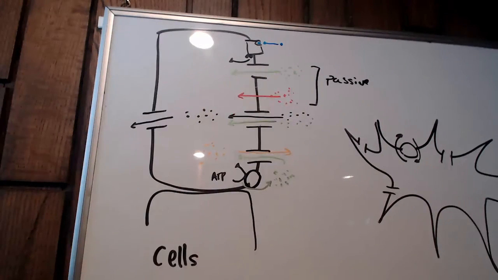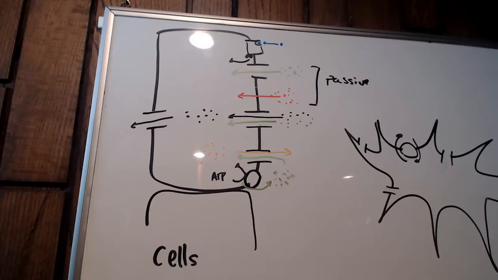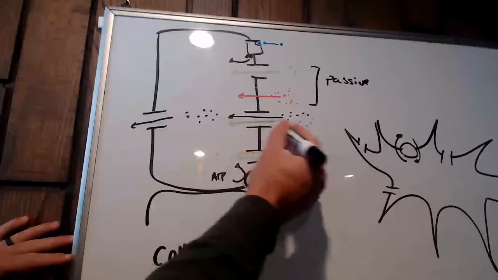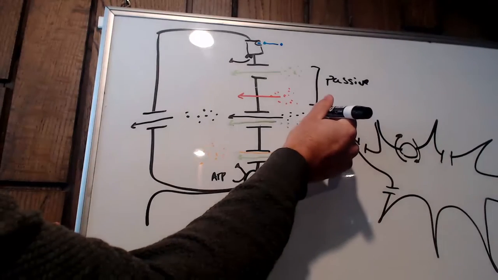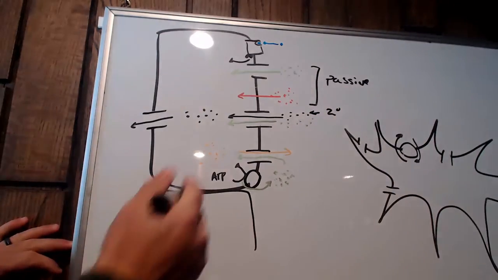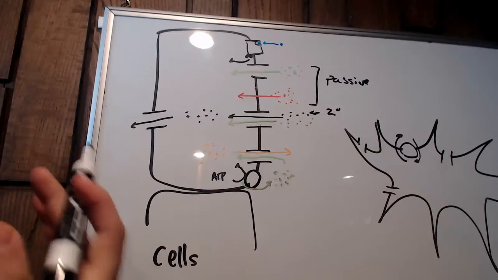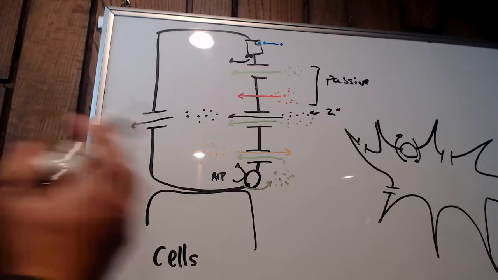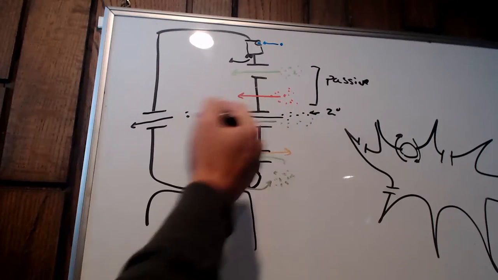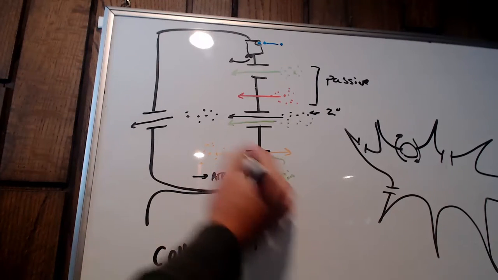This one is a co-transporter. This is an anti-transporter, or an antiporter. But the co-transporter, there's going to be the black one that is going to be using secondary active transport, because in order to set up the gradient of the green to go in, we have this type of pump that is going on.